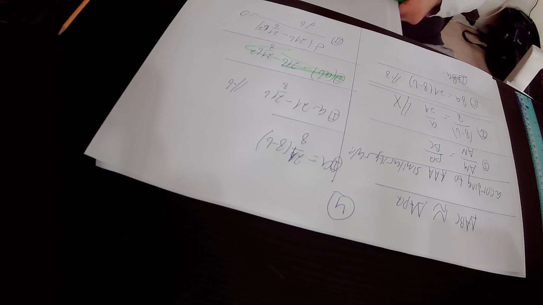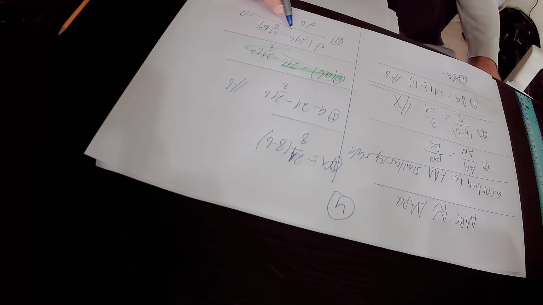So what is the derivative of 21b? We know that the derivative of b is 1. So in total, the value of 21b after we differentiate this expression will be equal to 21 times 1, that is 21.